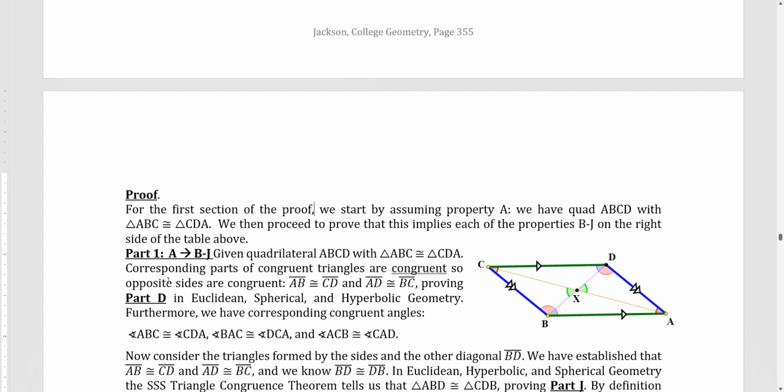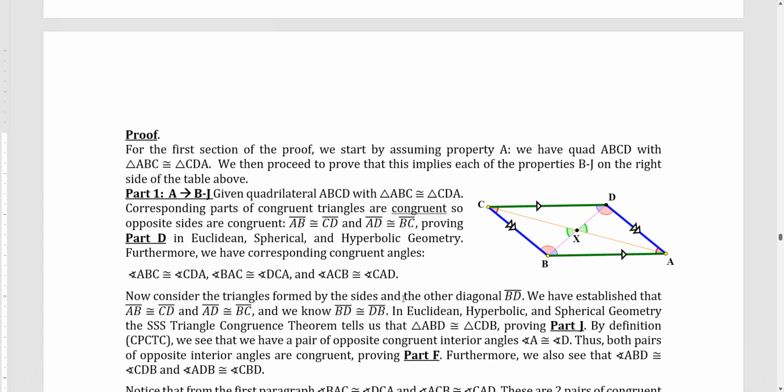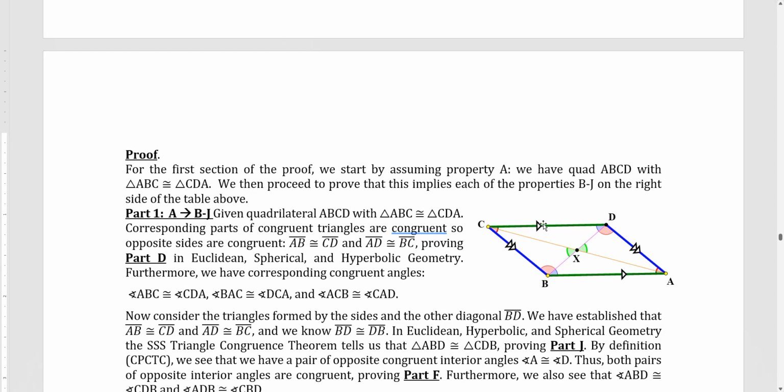So corresponding parts of congruent triangles are congruent. So once you get these two triangles congruent, now once again, it's A, B, C, that's the triangle down here, is congruent to the triangle up here. So AC is the diagonal that we're looking at. Then the part that we're looking at up here, if it's A, B, C, to get them corresponding, it's C, D, A. That's what we have right here.